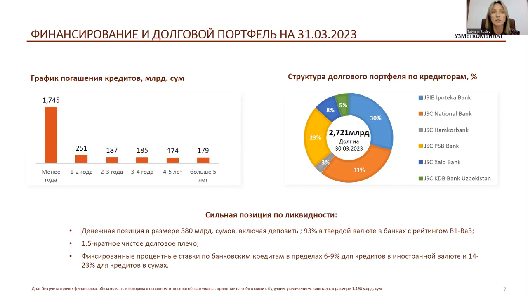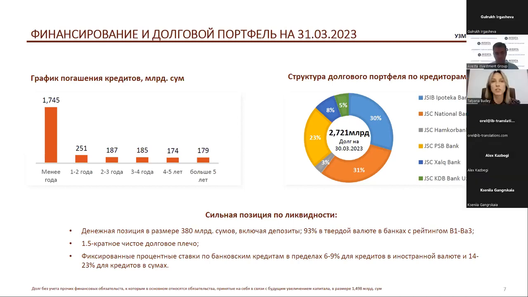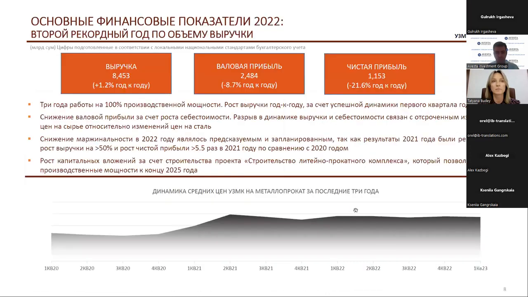This is 6 to 9% on loans in hard currencies and 14 to 23% for some denominated loans. Our net debt leverage is 1.5 times EBITDA, which is very comfortable, being really lower than the cap of 3.5 times.